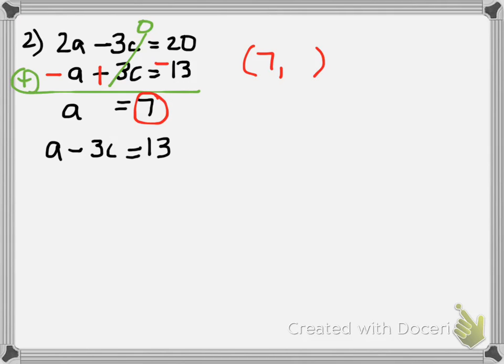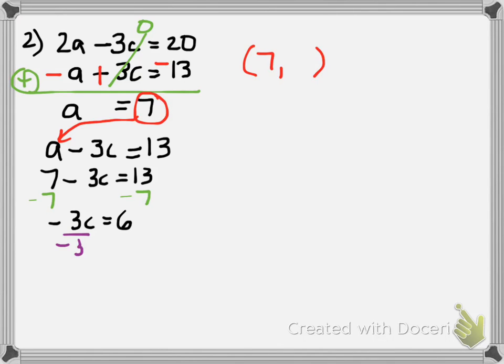So now I'm going to take that 7 and I'm going to substitute it in for the a, and then I'll be able to solve for c. So I get 7 minus 3c equals 13, and then I subtract 7 from both sides, and I get negative 3c equals 6, and then I'm going to divide both sides by negative 3, and I get c equals negative 2.